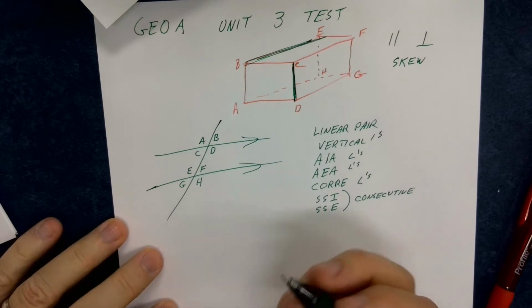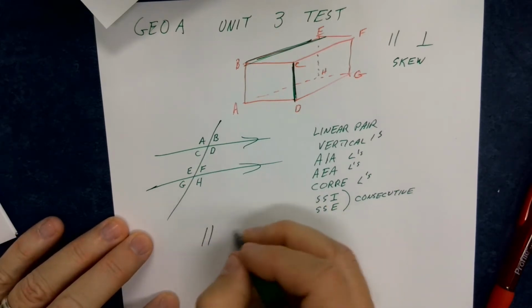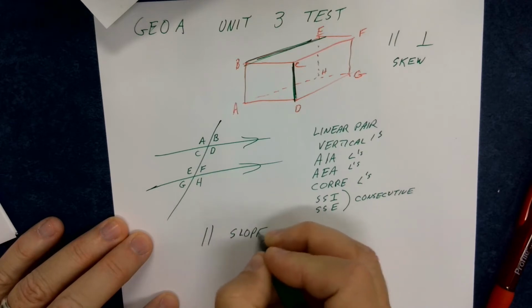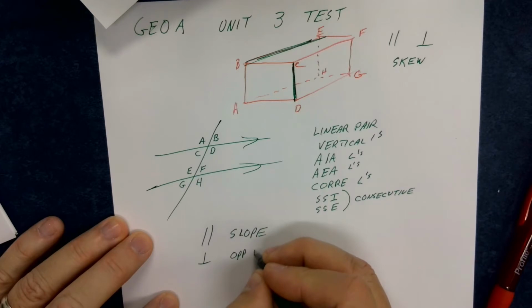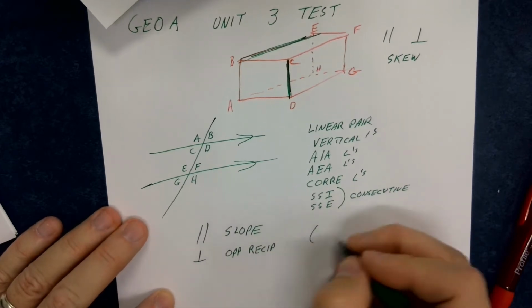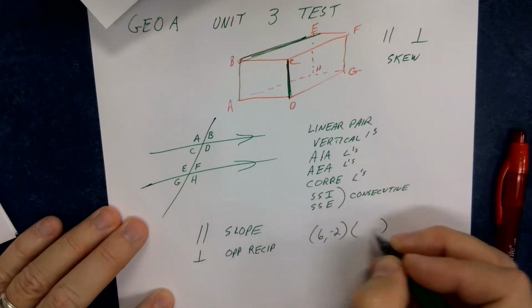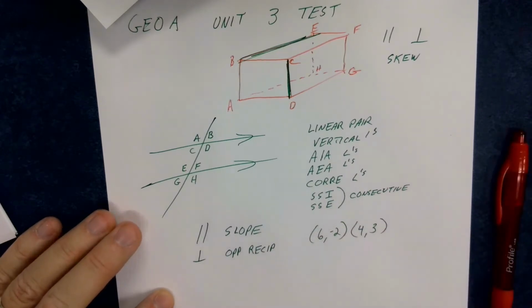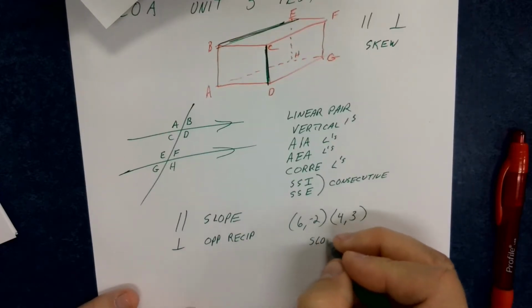You need to know that parallel lines have the same slope. You need to know that perpendicular lines have opposite reciprocals for slopes. You need to know if I have 6 comma negative 2 and 4 comma 3, how to find the slope.